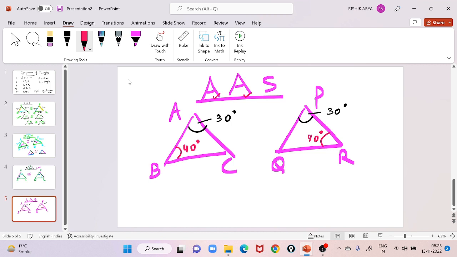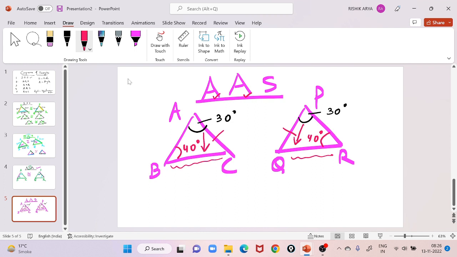What does it mean? It means that either BC should be equal to QR or AC should be equal to PQ. Why are we taking BC equal to QR only, not PQ? Because BC is the side opposite to the 30 degree angle. So this side will correspond to the side which is opposite to 30 degrees here also.